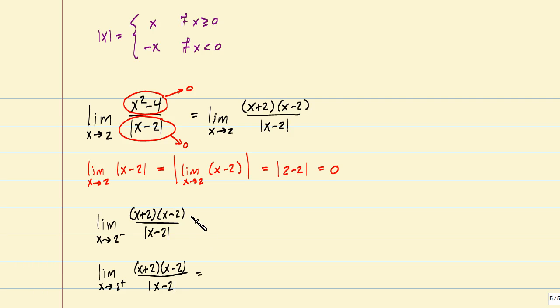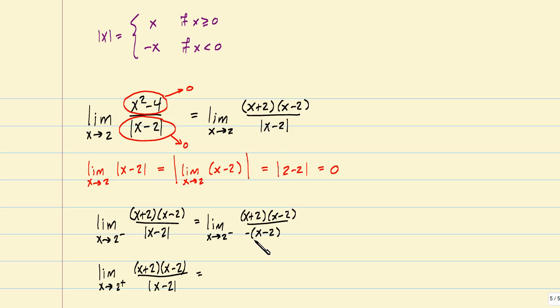Okay, going back to the top one, remember, if you're approaching 2 from the left, so you're smaller than 2, think 1.99 or something like that, what's underneath here, inside the absolute value, is negative. So the effect of the absolute value is to negate what is inside of it. So we can write, since we are assured all of the x values we're talking about here are to the left of 2, we can write the following, replacing the absolute value with a multiplication by -1.